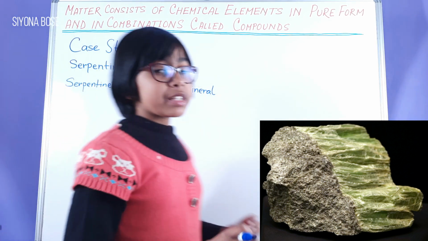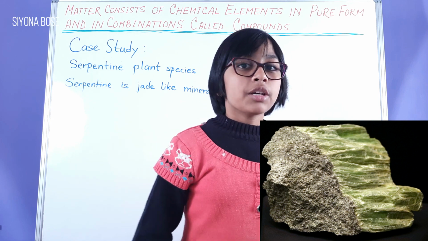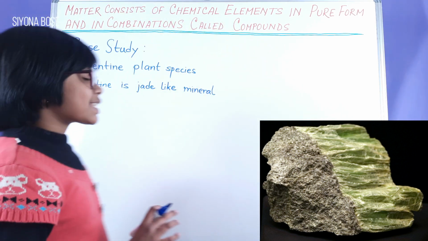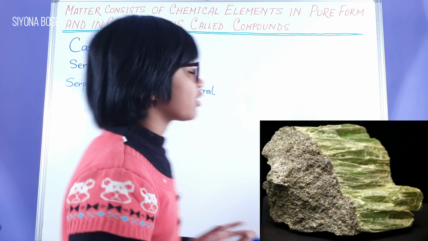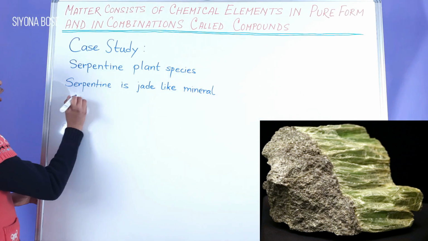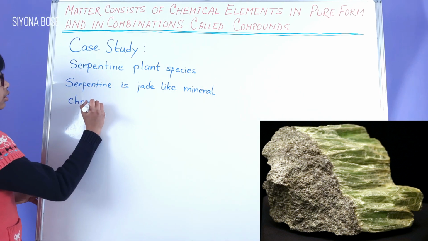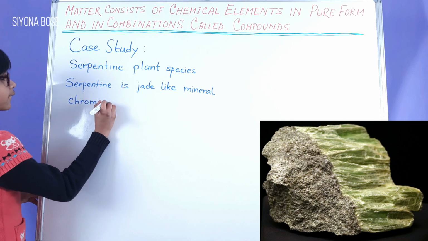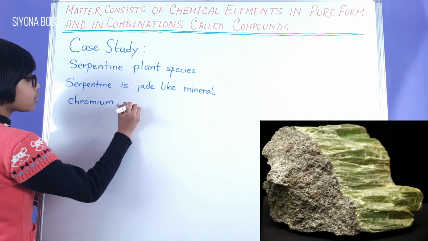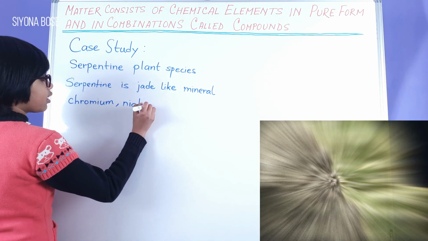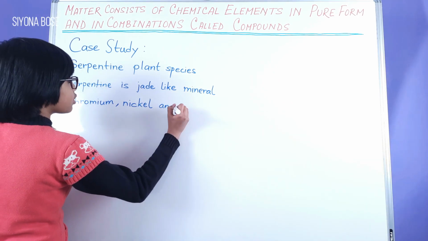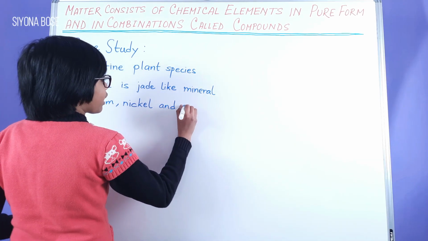Now, why is serpentine toxic? Because it's an alloy of elements like chromium, nickel, and cobalt.